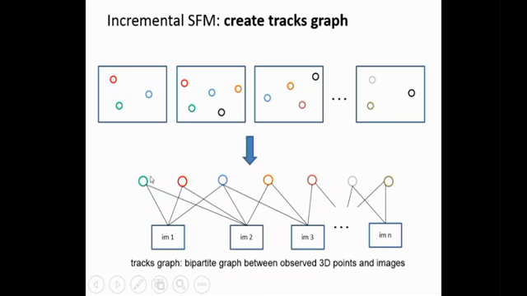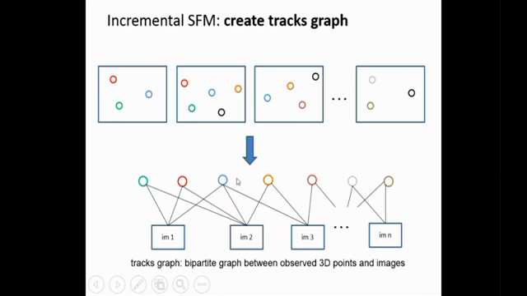And so in this graph, I've got a node to represent that 3D point. And then there's an edge from that to each of the first 2 images to show that image 1 sees this green point, image 2 sees that green point, image 1 and 2 see the red point, image 1, 2, and 3 see the blue point, and so on.